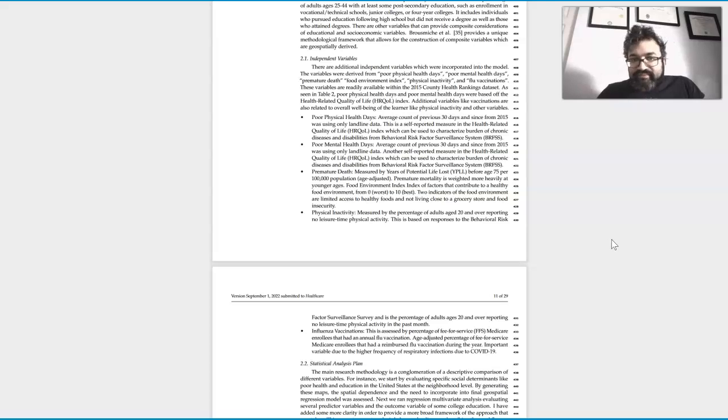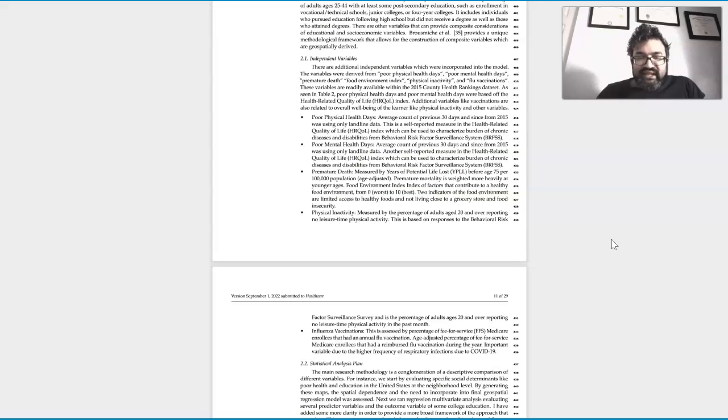Poor mental health: if you're feeling anxious, or if you're mentally feeling unfit, then you're not able to do your duties. Premature death in an area would be a reflection of some of the chronic diseases.